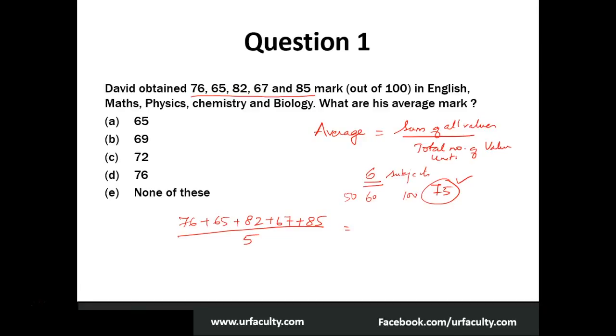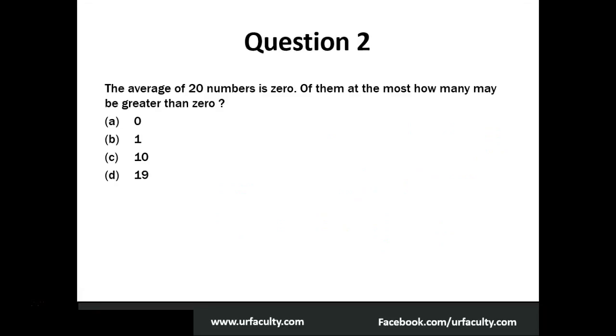You get 375 by 5, and the answer is 75, and hence it is none of these. So you understood what I'm trying to do here. We just did a simple problem, and we'll now move on to a slightly trickier problem.